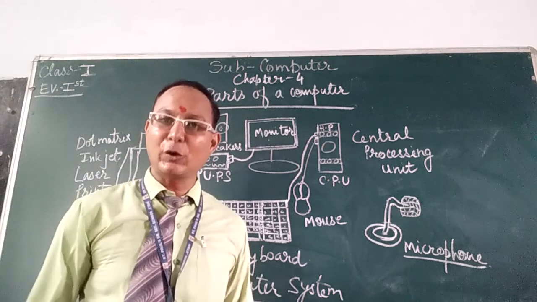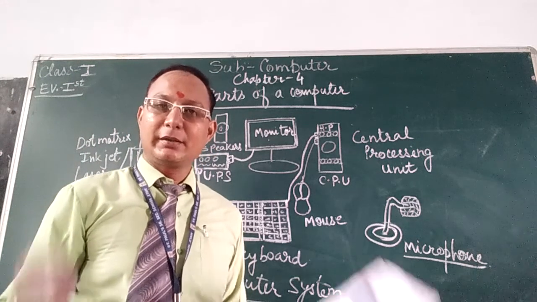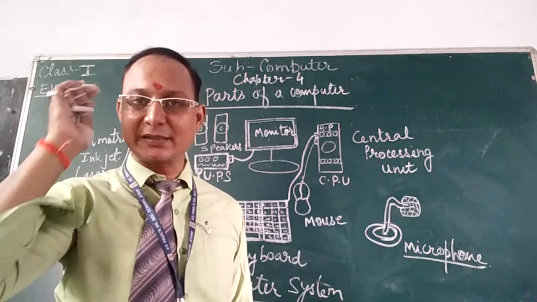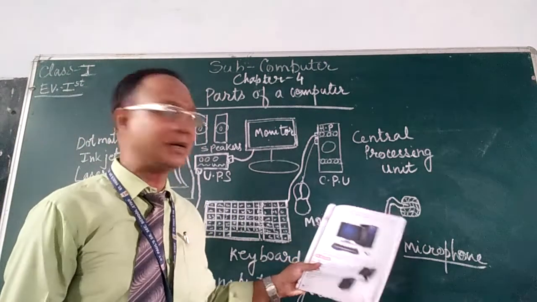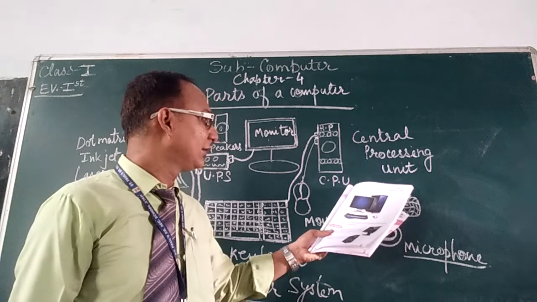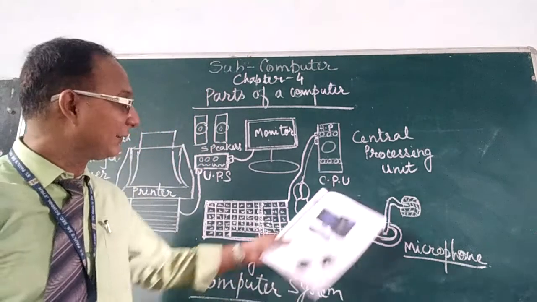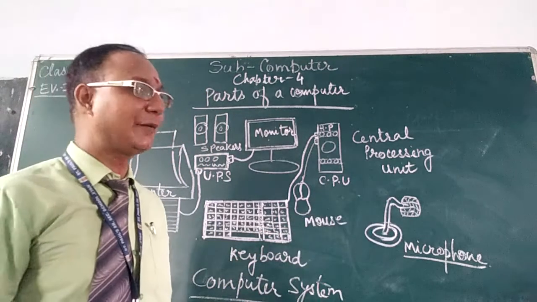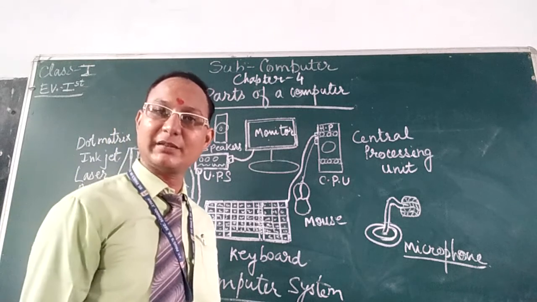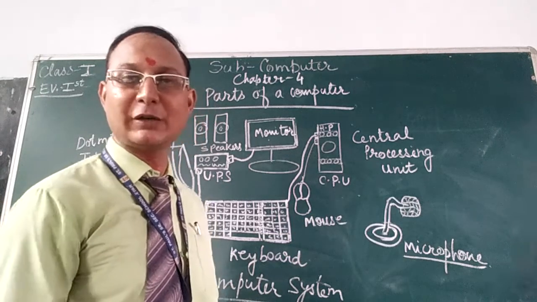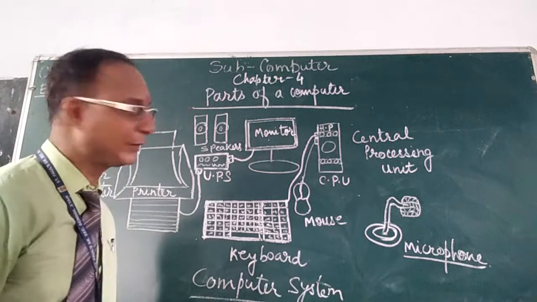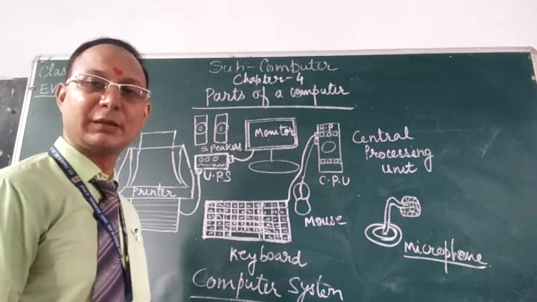As human beings, we all have a brain, and we do everything by thinking in our brain. Like this, a computer has another device that is called the CPU. Every process, every operation is done in the CPU. It is called the brain of the computer.